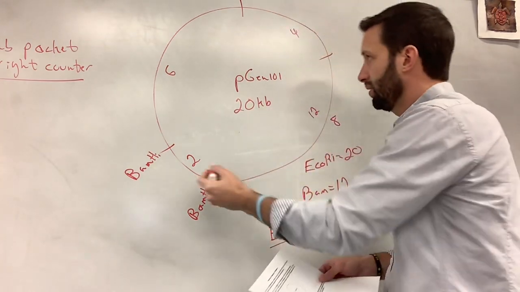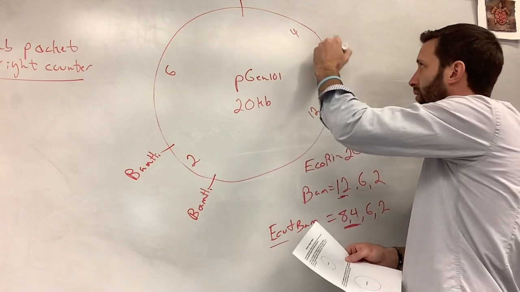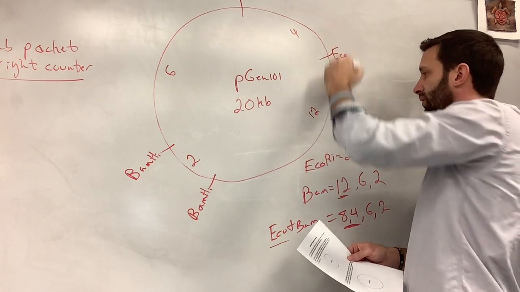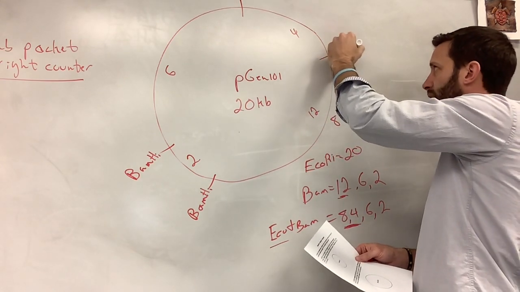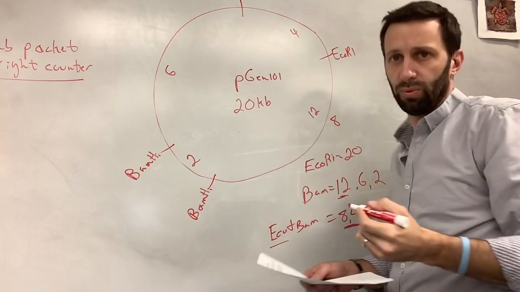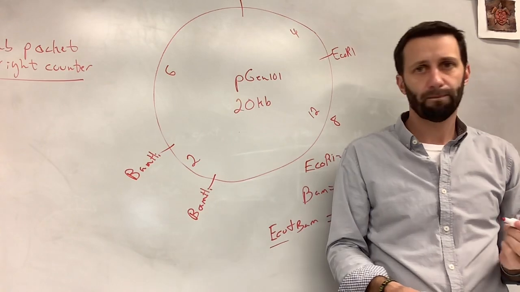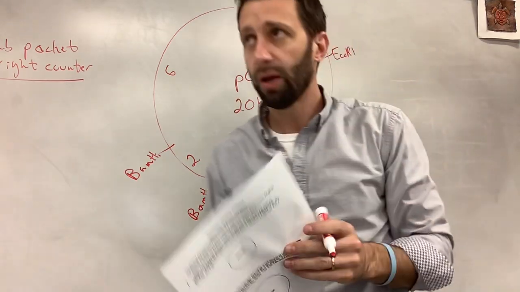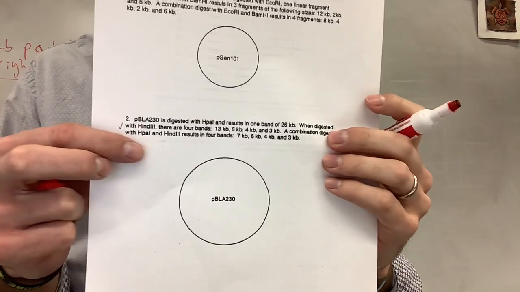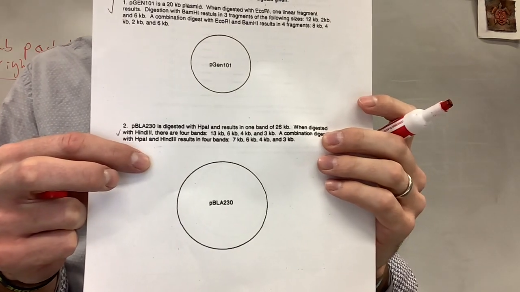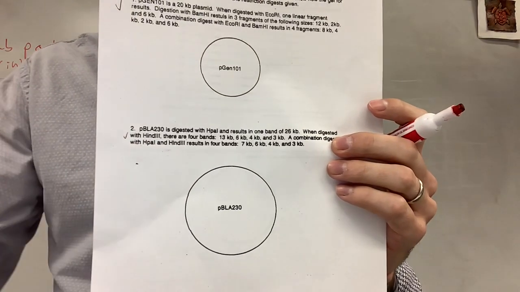You know BamHI cuts at these places, and EcoRI split that 12 into an 8 and a 4. That's all the information we have, and that's all we can do with that one. Okay, there's another one at the bottom. See if you can work on that for homework, and we'll post a solution later.